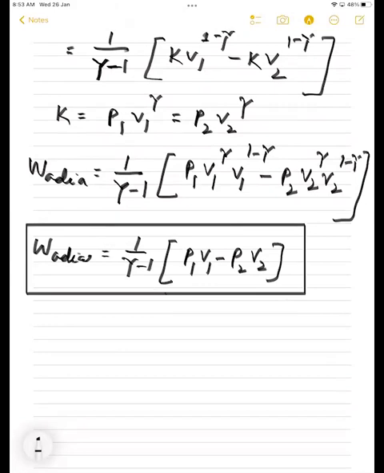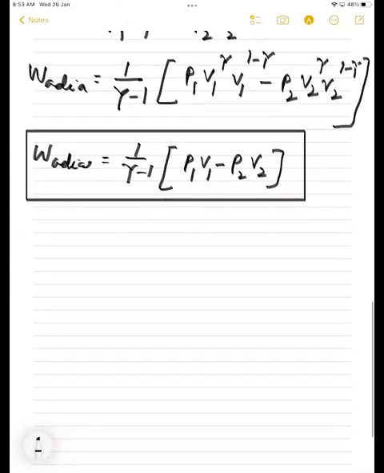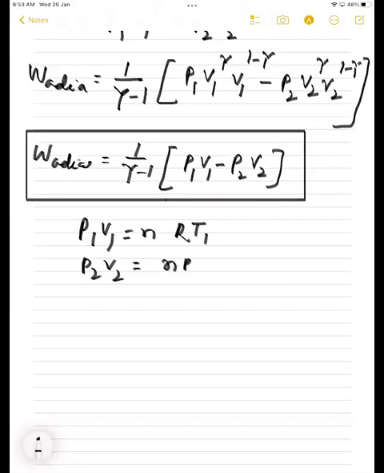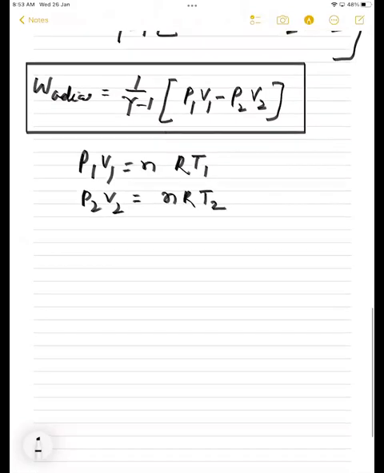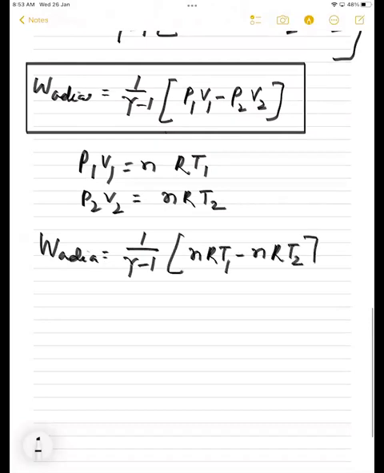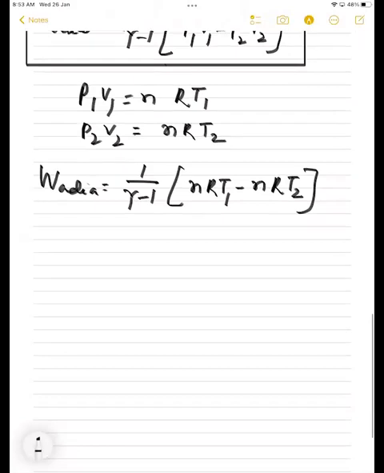Yes. And this can also be modified if I write P1 V1 is equal to nRT1, let's say, right? And P2 V2 is equal to nRT2. Correct? So work done by adiabatic process is equal to 1 by gamma minus 1 whole into nRT1 minus nRT2. Are you getting my point, students?